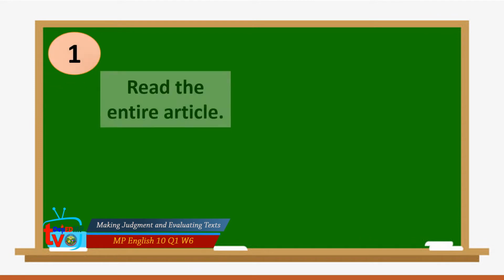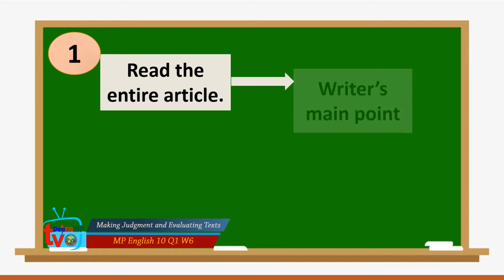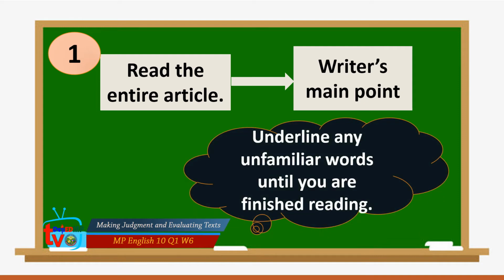First, you read the entire article for you to be able to identify the writer's main point. Also, underline any unfamiliar words as you read, but do not stop to look at them until you have finished reading.